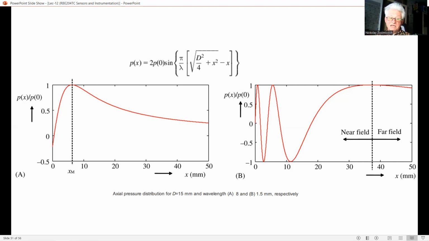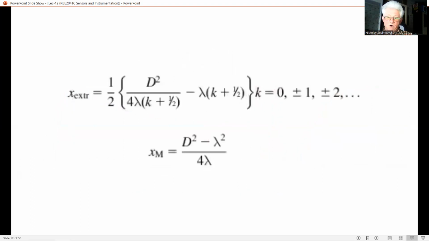The place of the last maximum at distance x from the plate is taken as a boundary between the near field, or Fresnel zone, and the far field, or Fraunhofer zone, of the transducer. Extreme values of p of x occur in these equations at certain x.